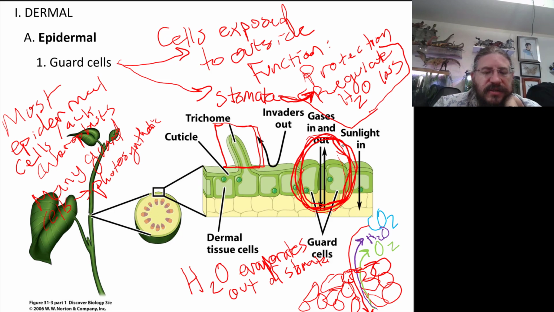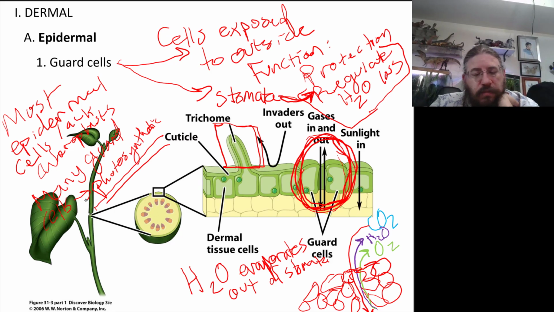They are the cells that open and close the stomata, right? Many guard cells are photosynthetic. I mean, they're getting direct access to the CO2 right there, might as well be. The CO2, once it comes in through the stomata, then diffuses through the plant. So, you're right there.